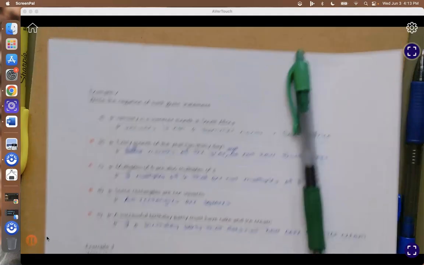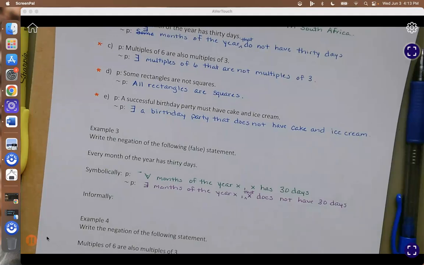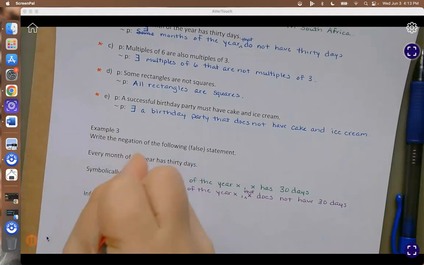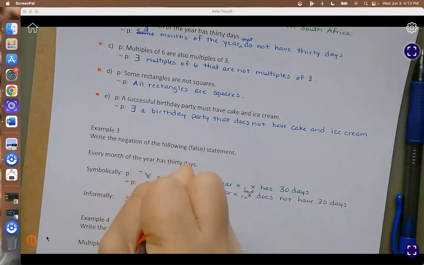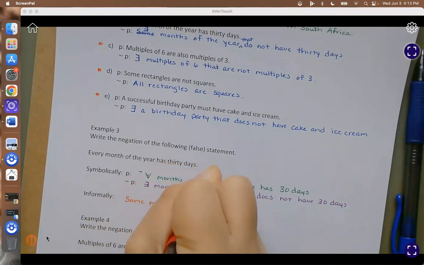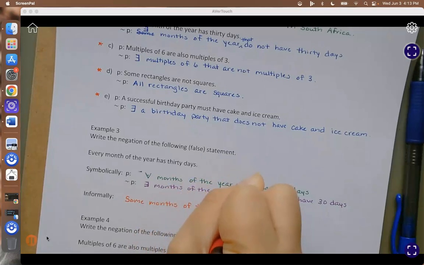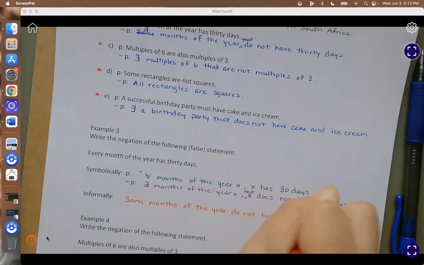And I've got my screen down. If you need to pause that, that's fine. And if you wanted to write it informally, you could simply write: some months of the year do not have 30 days.